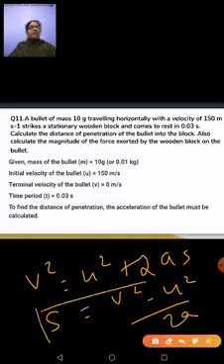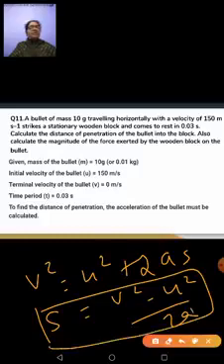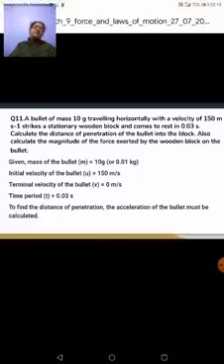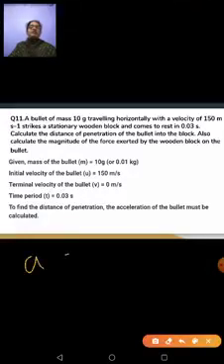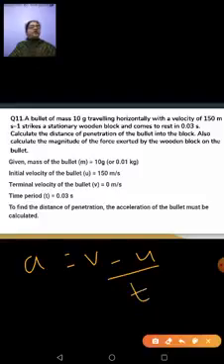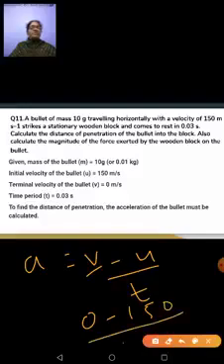If we are going to apply this formula, we need acceleration also, that is a. So how will we calculate acceleration? Acceleration can be calculated by using the simple formula v minus u upon t, because in the question your v is given as 0, your u is given as 150 meter per second and time is given as 0.03 seconds.